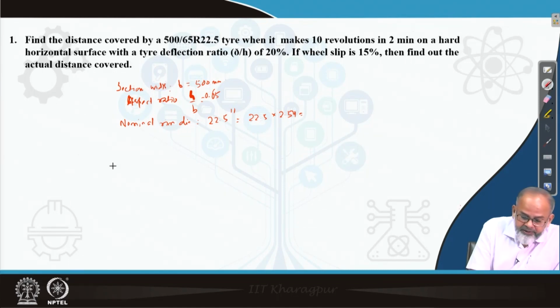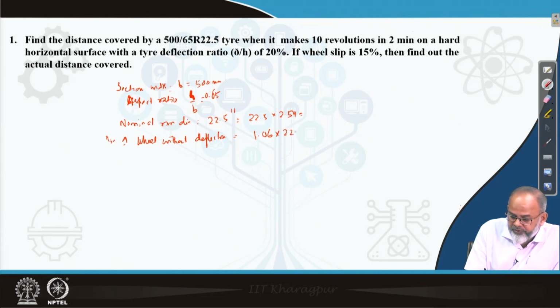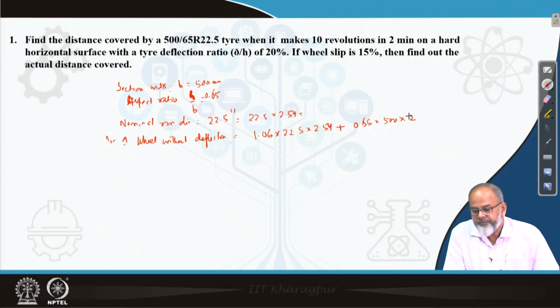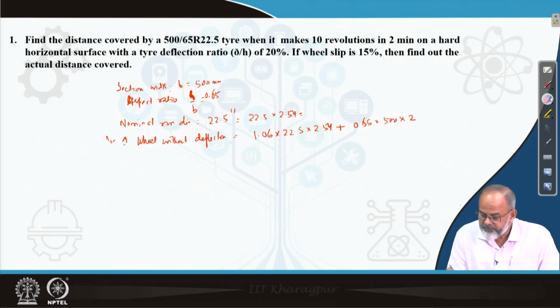Now to find the diameter of the wheel without deflection, the formula is 1.06 times the nominal rim diameter, which is 22.5 into 2.54, plus 0.65 into 500 into 2. 500 is in millimeter, so rather I should write it in centimeter.